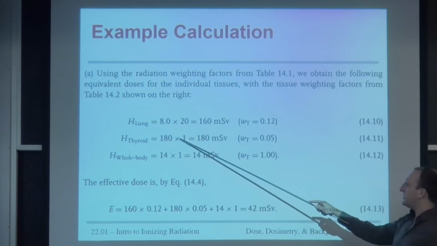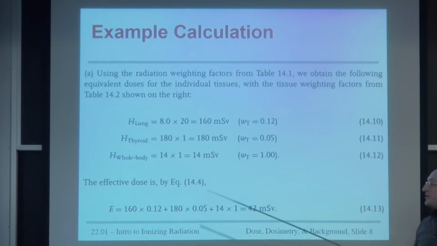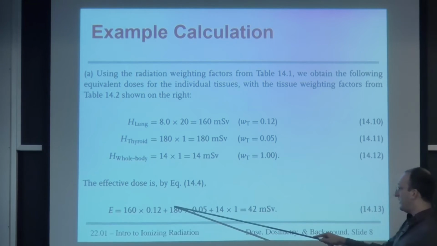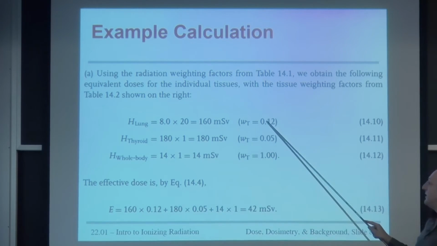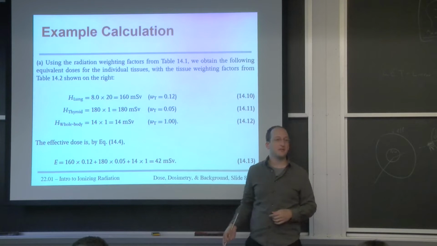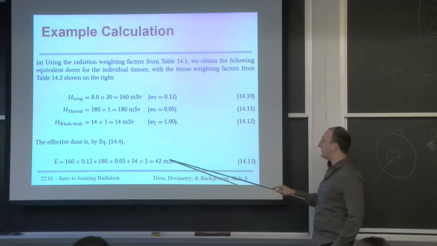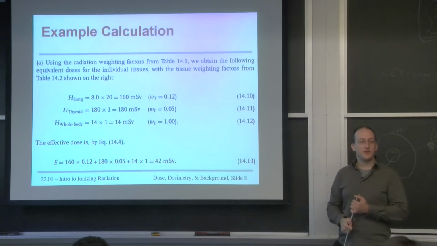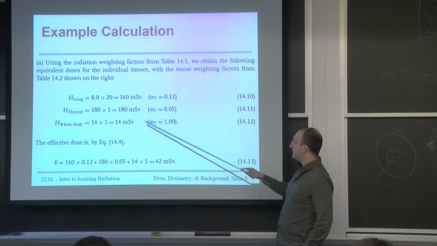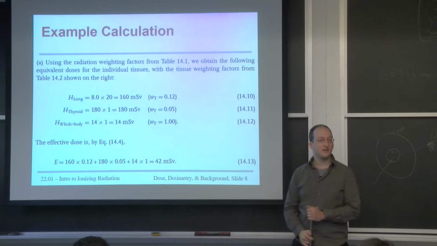You do the multiplication for the thyroid, the multiplication for the whole body, and then you do a summation of these single tissue doses, here, here, and here, times the tissue weighting factors, which you then look up from that table or calculate from the cell division rate, and you get a total dose of 42 millisieverts. So I want to point something out to you guys. His thyroid got 180 millisieverts. He got 42 millisieverts. Interesting.